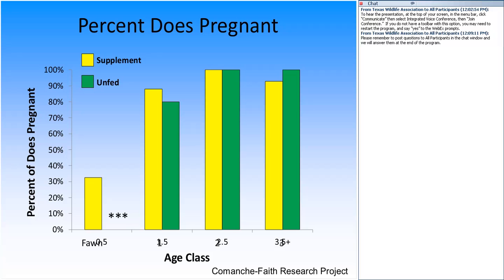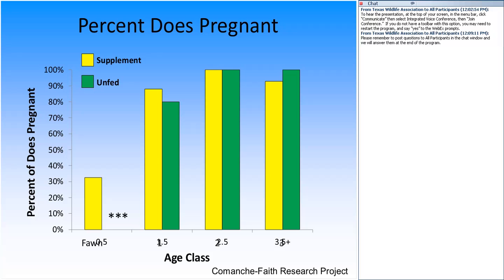So with that in mind, here's the first set of data that are going to come out of the enclosures, and my x-axis on this got altered a little bit, but basically we've got fawns, 1-year-old, 2-year-old, and 3+ or mature does on the x-axis there. And we've got data from the enclosures with supplement in the yellow, and data from enclosures that didn't have any pelleted feed in the green.